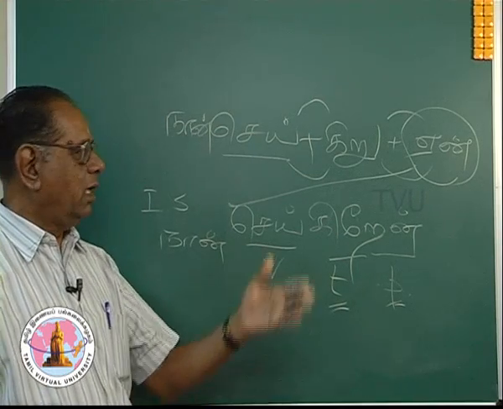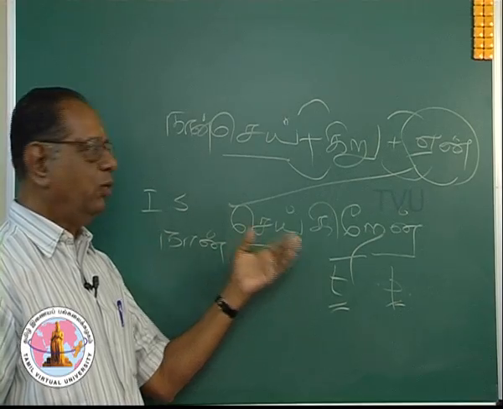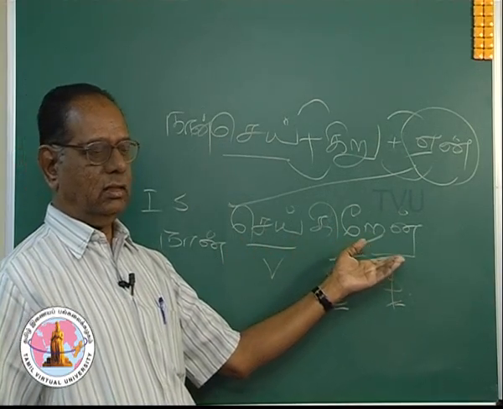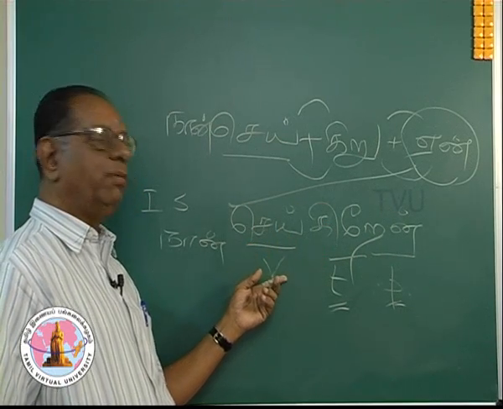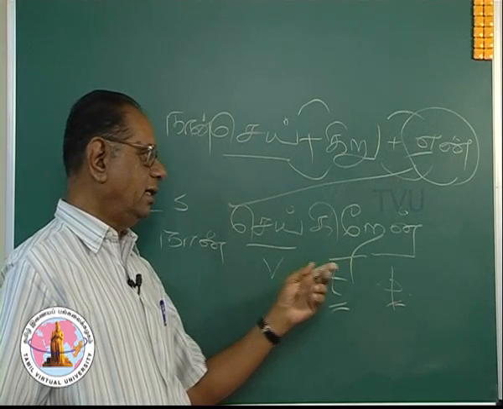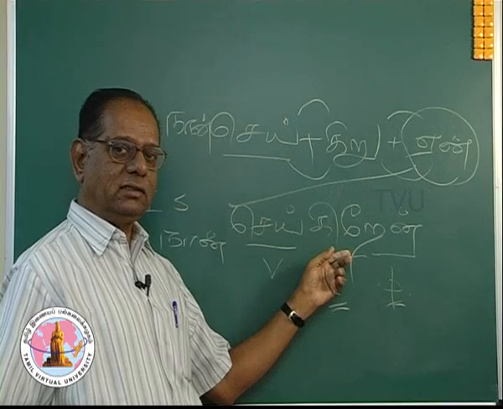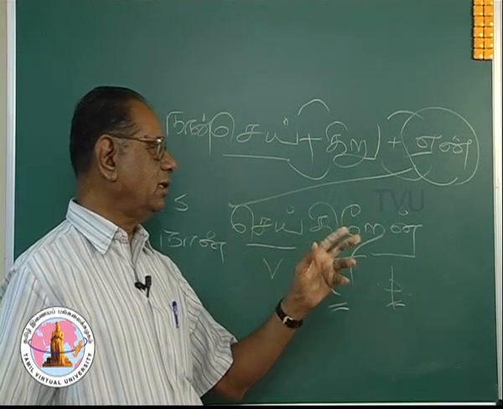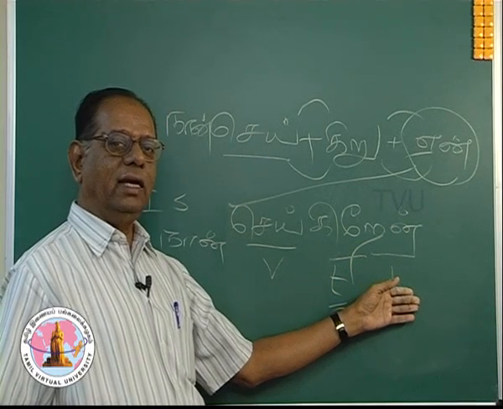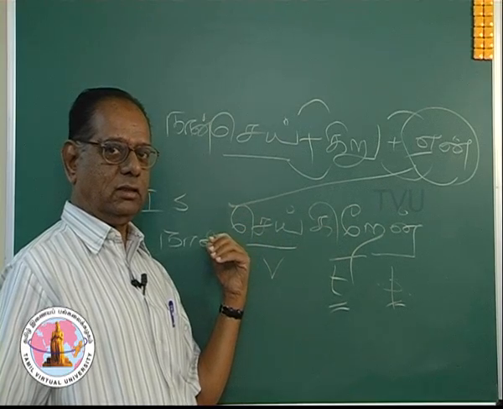So, a finite verb in Tamil will have three components: the verbal root denoting the action, the tense marker giving you details about the tense, that is to show present, past or future, and the personal marker at the end to give you the details about the subject.